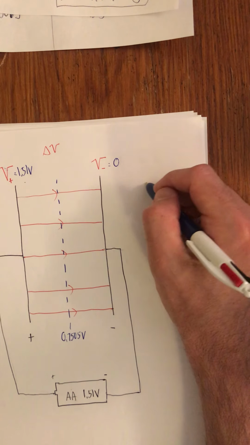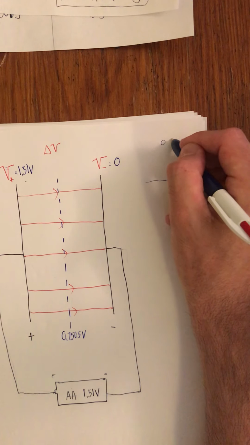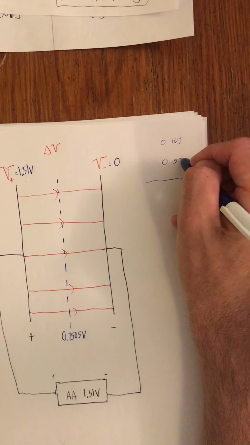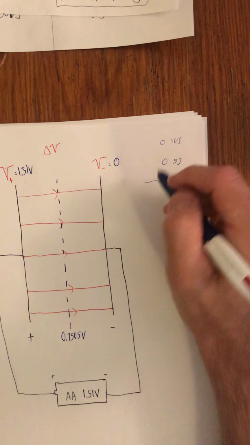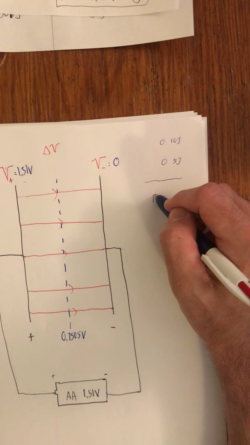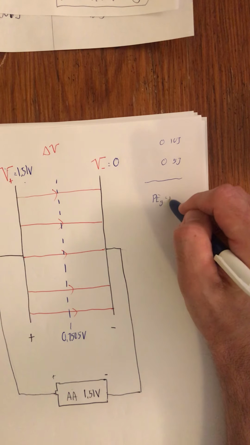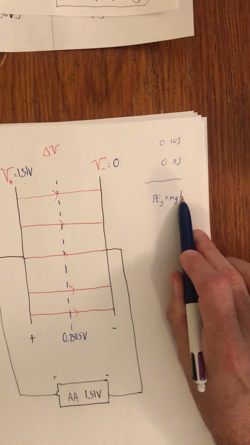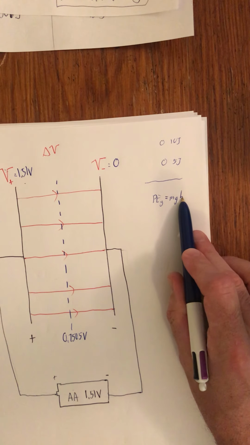In the same way that if I had a ball that had 10 joules of energy, and I let it drop halfway down, it would have 5 joules of energy. The reason for that is because the potential energy due to gravity has a linear relationship with the falling distance. Now, why is that true?